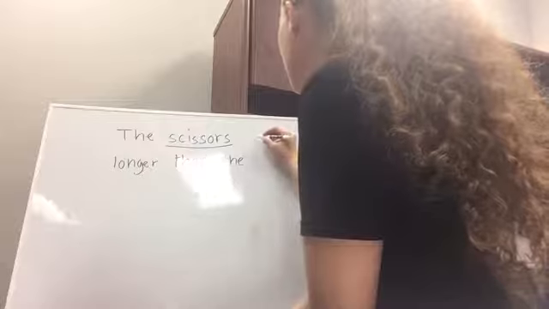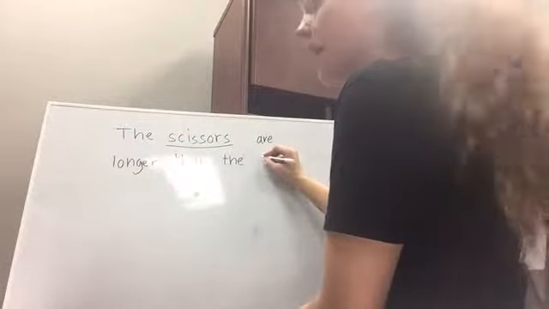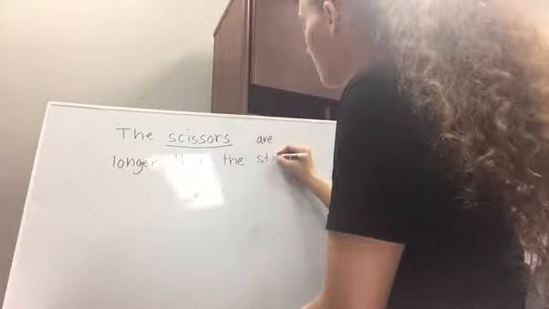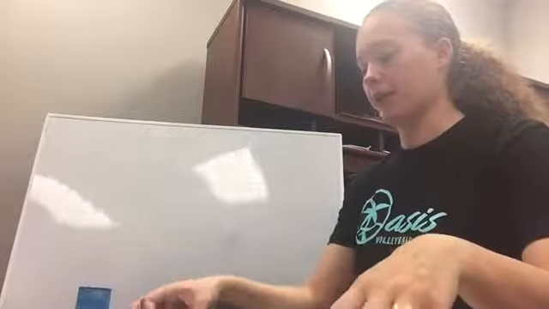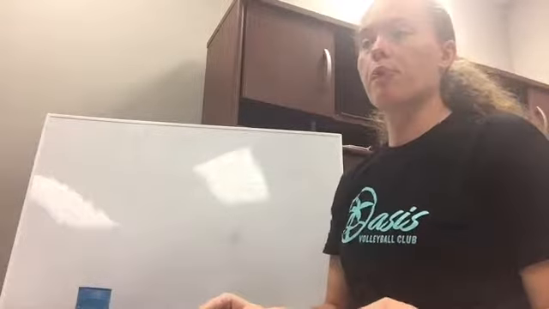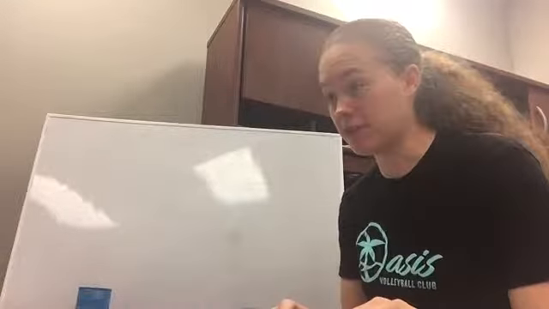The scissors, I don't know if that's R or is, longer than the stapler. Period. Alrighty. So now that we practice comparing different objects, we're going to get into our activity for the day.